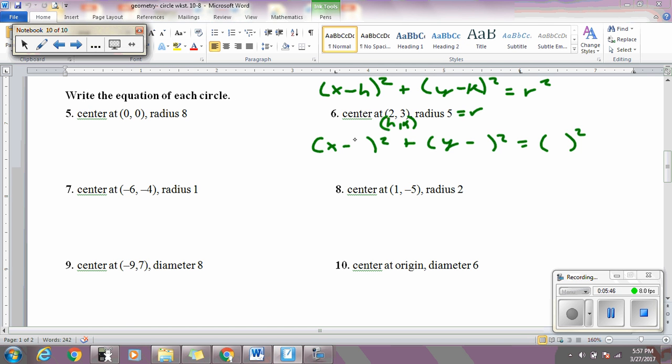So h is supposed to be 2, k is supposed to be 3, and my radius is 5. And now we can write it in its simplest form. So x minus 2 squared plus y minus 3 squared is equal to 5 squared, which is 25. And that's the final equation.